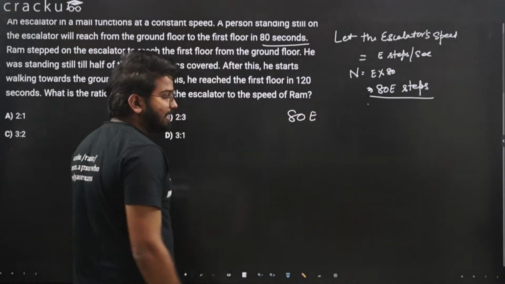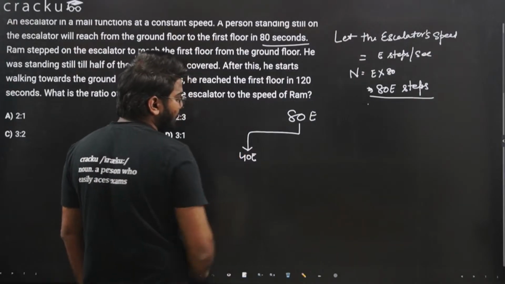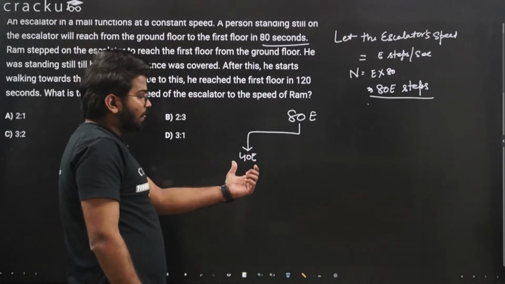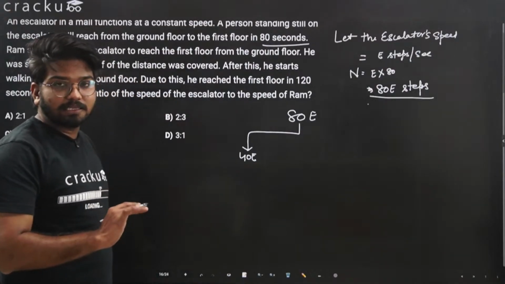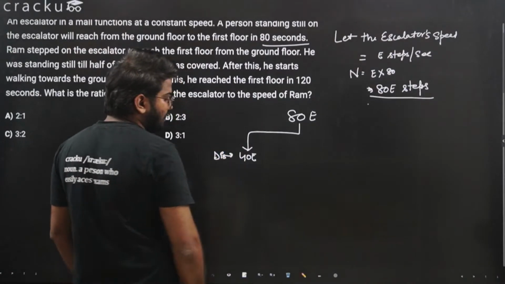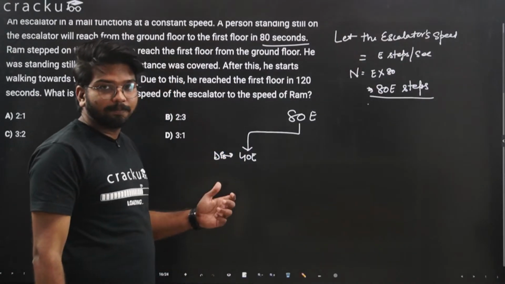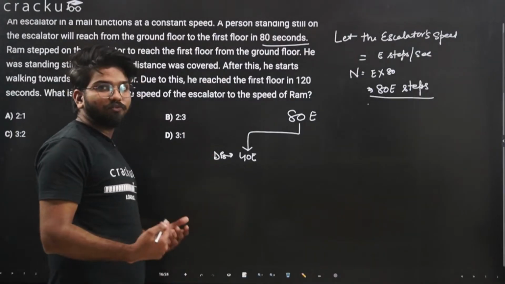Total distance is 80E. Half of this distance is 40E. For this distance, Ram was standing still. So the speed till this point will be the speed of escalator only.